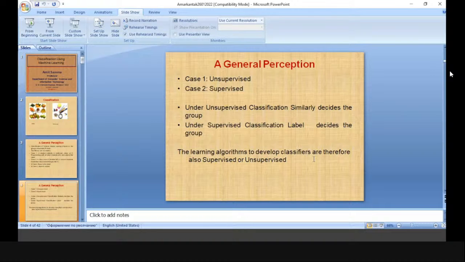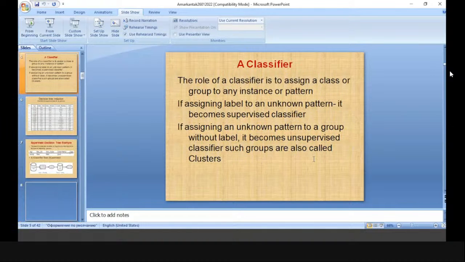Now, what will be the role of a classifier? The classifier may be an algorithm, maybe some device, maybe some model, which will take some unknown pattern. When you supply it to a classifier, it will categorize the unknown pattern into one of the objects which are known to you. Like in case of supervised, when you want to enter a class, it is labeled MC1.